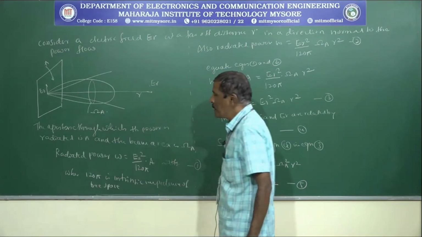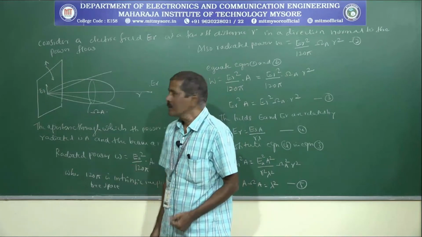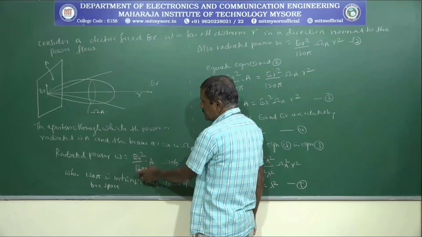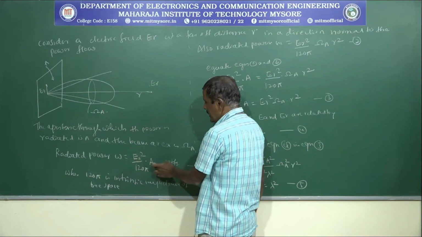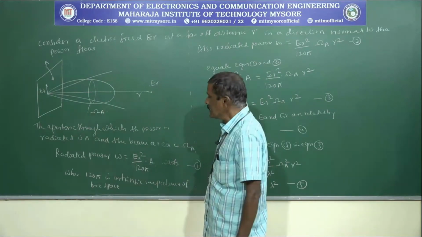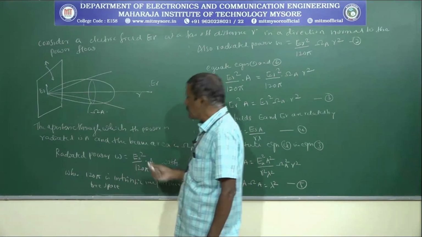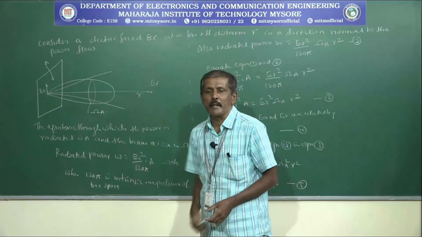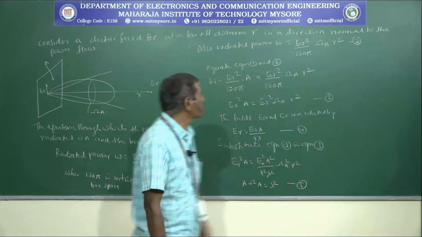Now the radiated power from this antenna is calculated from the equation EA square divided by 120 pi into A watts, where A is the aperture. This 120 pi is the intrinsic impedance of free space.